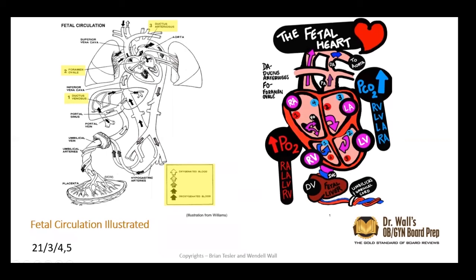Now, I'm a firm believer in learning one set of information and then extrapolating other sets of information. For example, let's say we have tetralogy of Fallot. With tetralogy of Fallot, what is one of the abnormalities?